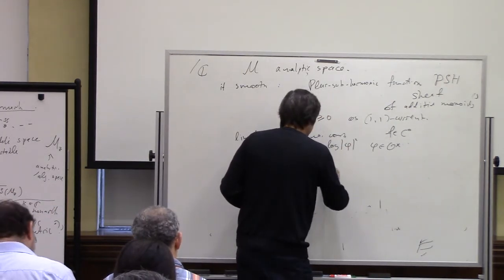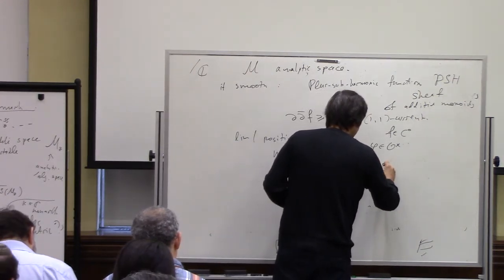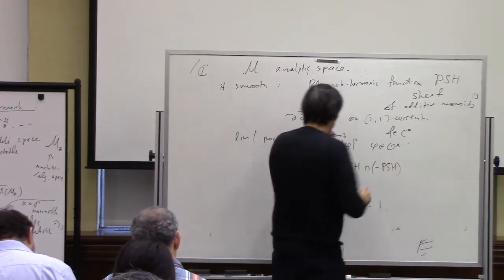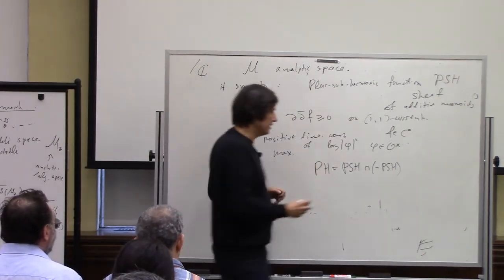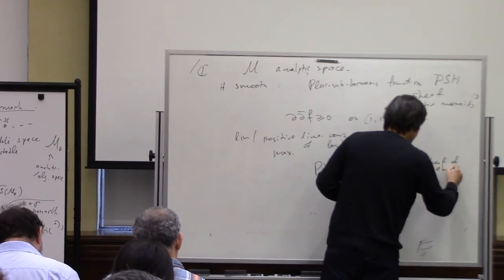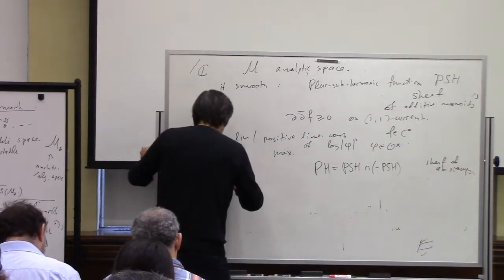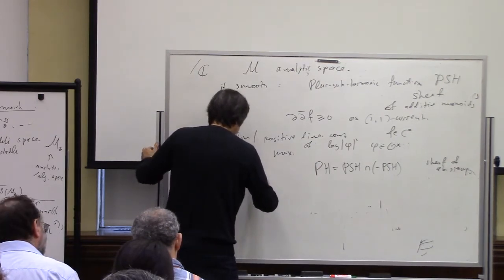So pluriharmonic functions are functions such that the second derivative is 0, and they form a sheaf of abelian groups. And a virtual line bundle can be defined.